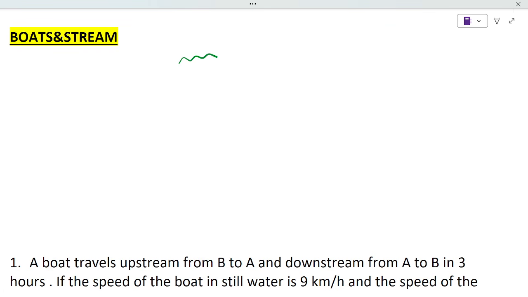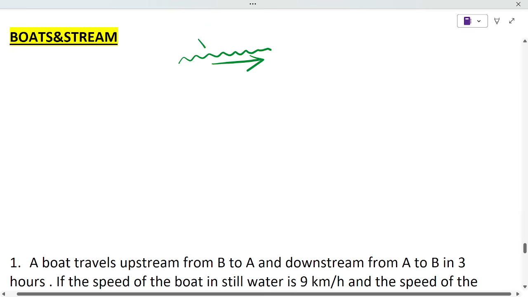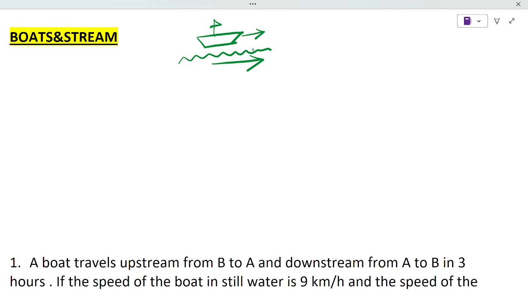There is water, and we have a boat, and this is the stream. So downstream means the boat moves along with the stream. Downstream is equal to the speed of the boat plus the speed of the stream.